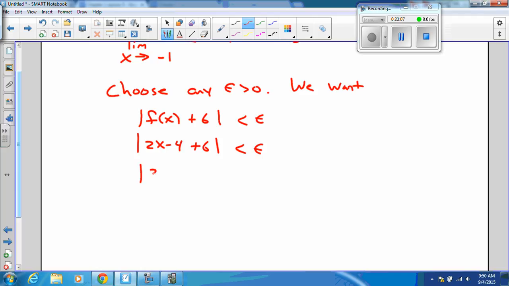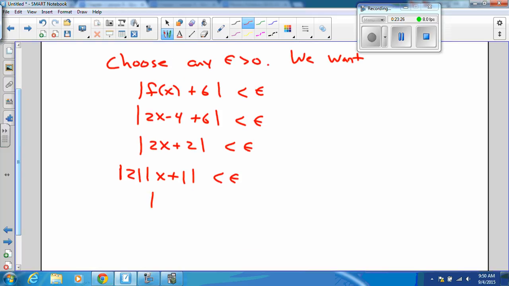And since f of x is 2x minus 4, we get this right here. If we simplify, like so, now we notice that the absolute value of 2x plus 2 just happens to be the same as 2 times the absolute value of x plus 1.